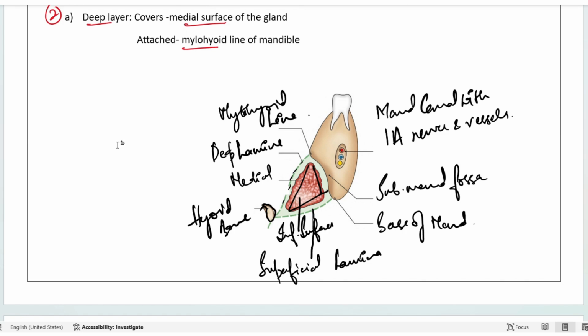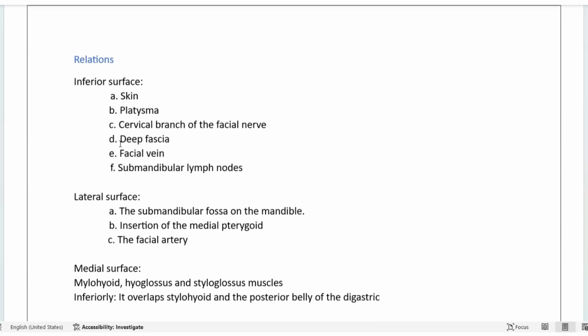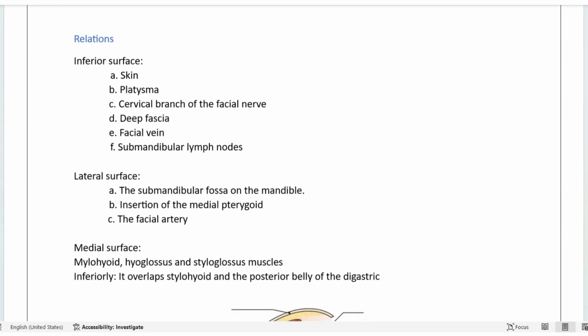Okay. So let's cover the relations of the submandibular gland. We have the inferior surface covered by the skin, platysma, cervical branch of the facial nerve, deep fascia, facial vein and submandibular lymph nodes. Lateral surface: submandibular fossa, medial pterygoid and facial artery.